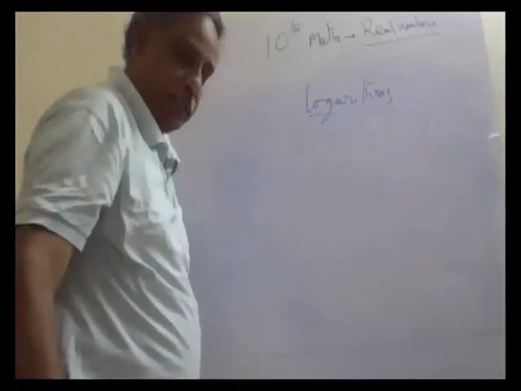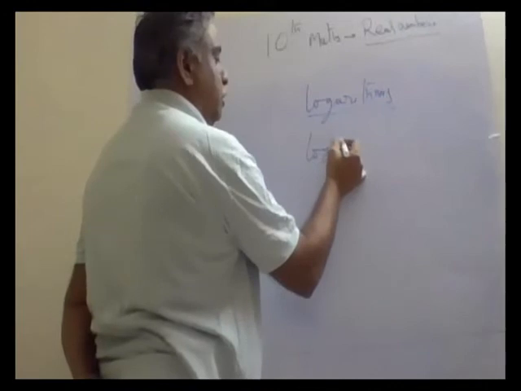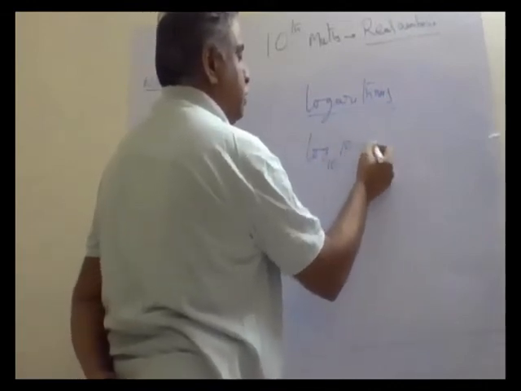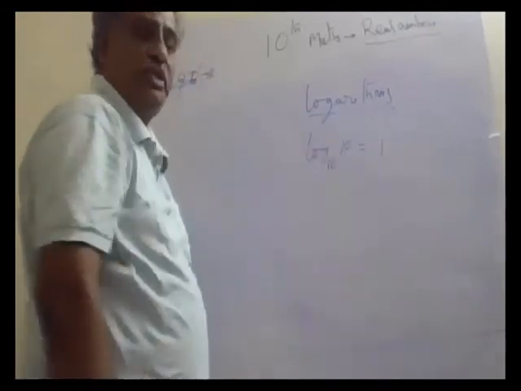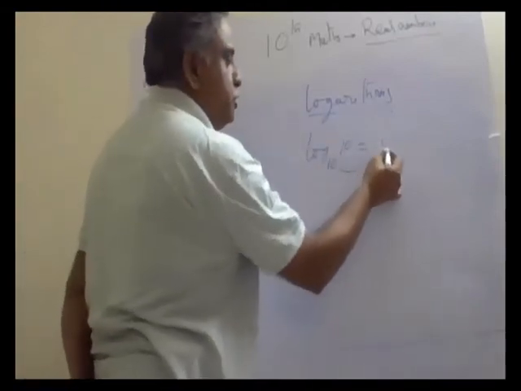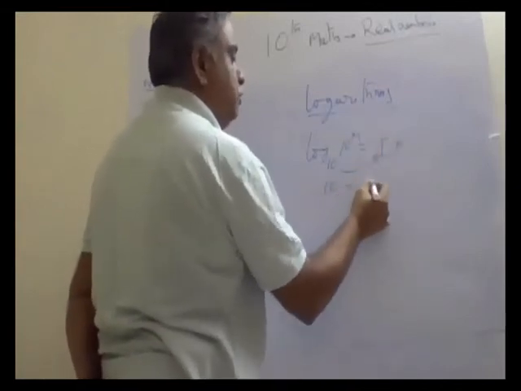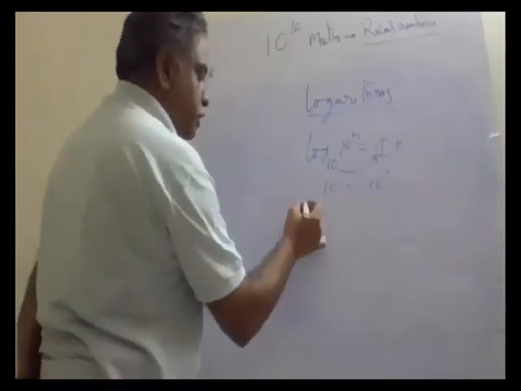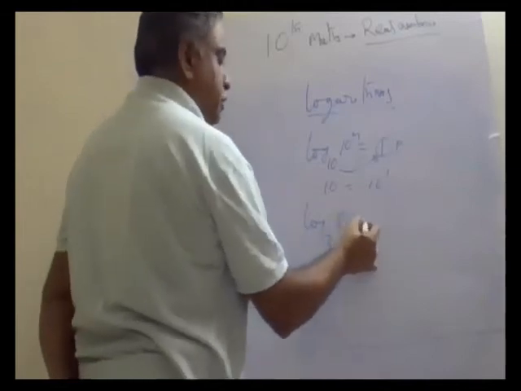Let us understand more. Suppose I give log 10 to base 10 is equal to 1. So how to convert into exponential form? This base goes under, this becomes power, this becomes main. So 10 is equal to 10 to the power of 1. In another example, log 81 to the base 3 is equal to 4.